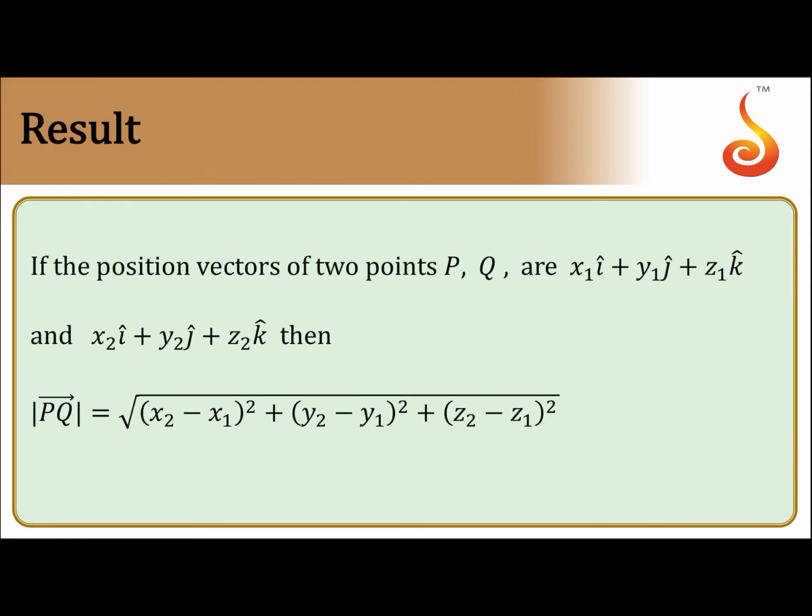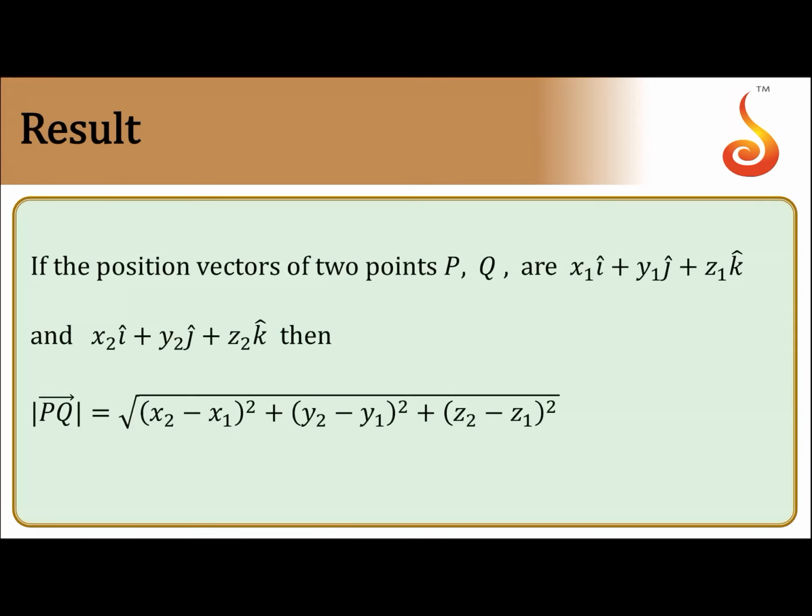Now let us consider one more result. If the position vectors of the two points are x1i plus y1j plus z1k and x2i plus y2j plus z2k, then modulus of PQ is equal to the square root of (x2 minus x1) whole square plus (y2 minus y1) whole square plus (z2 minus z1) whole square.